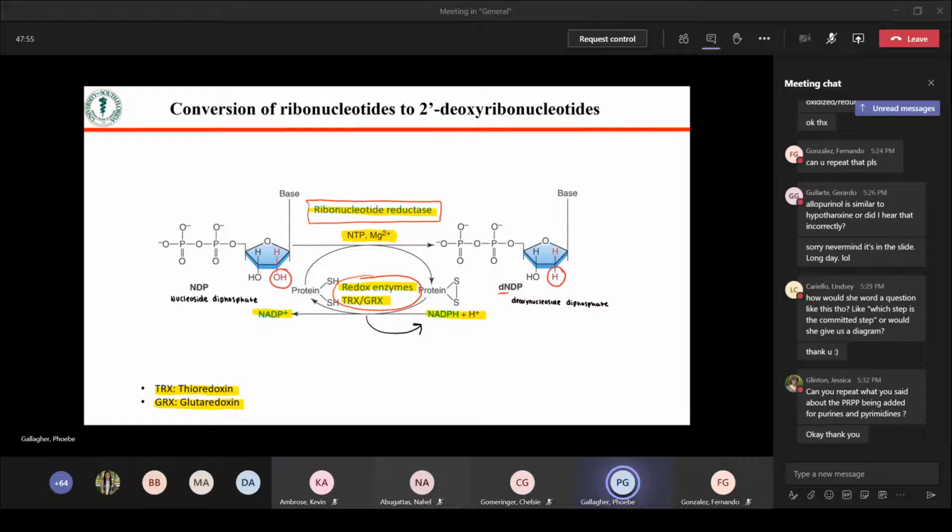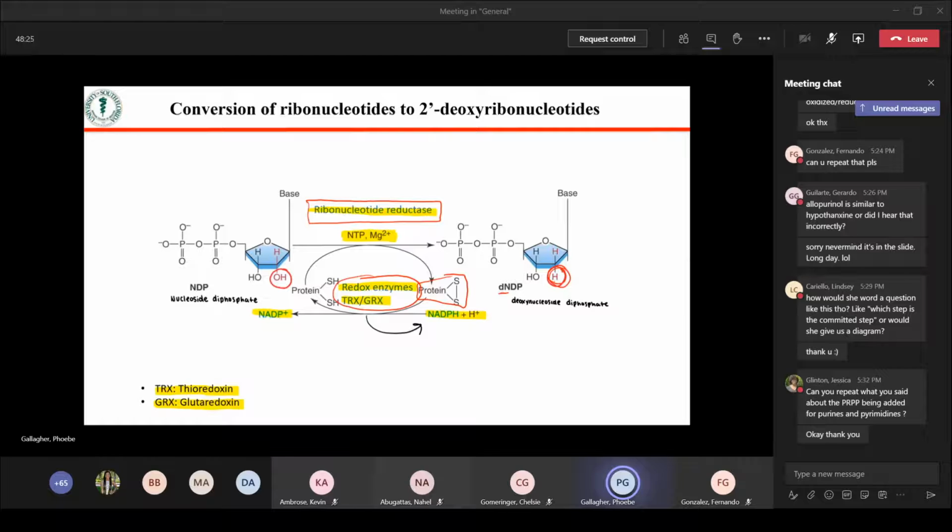What these redox enzymes do is they have disulfide bridges on their proteins, and they use NADPH and take the hydrogens from the NADPH and break their disulfide bridges. So now they can give these hydrogens to ribonucleotide reductase for it to add right here and catalyze whatever reaction it has to do in order to add the hydrogen.